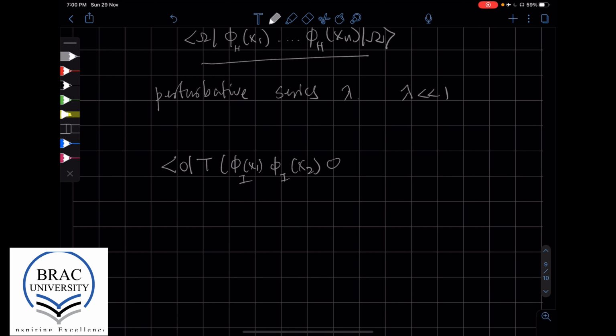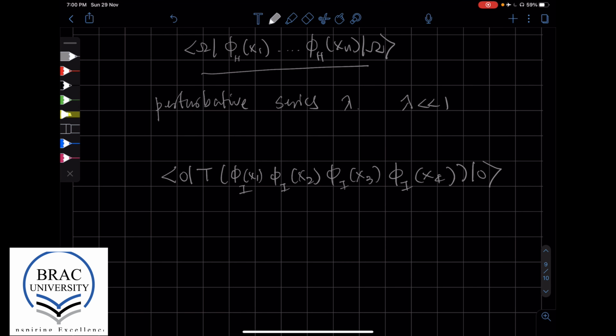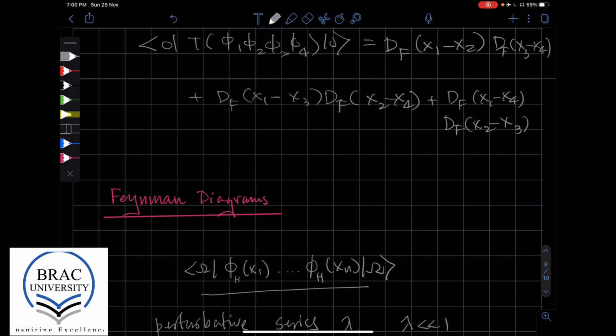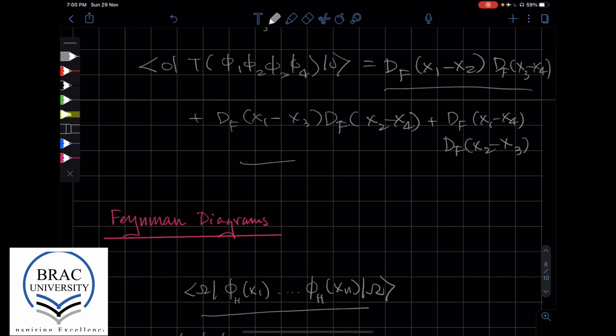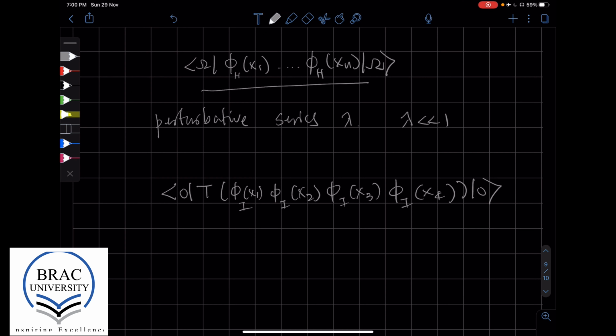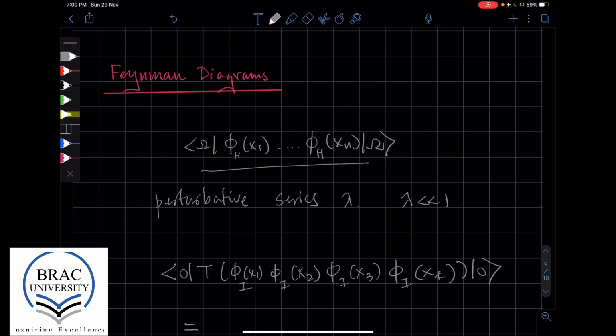So let's just take, say, 4 operators. So what is this going to be? Well, we saw that this is nothing but this object. So we can express that result graphically. So how do we do that?